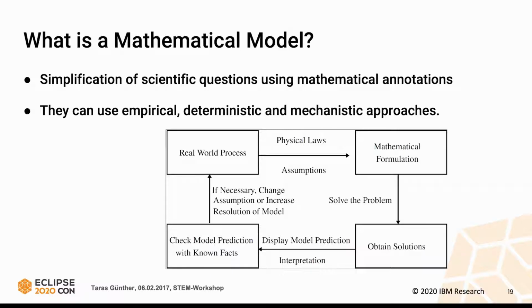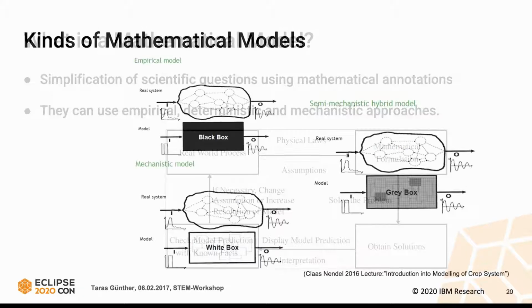Models can be empirical on one side, and on the other side they can be mechanistic. So what does this mean? Empirical being completely data-driven, and mechanistic meaning that there is some sort of domain expertise which is used to define exactly how all elements of that model work.